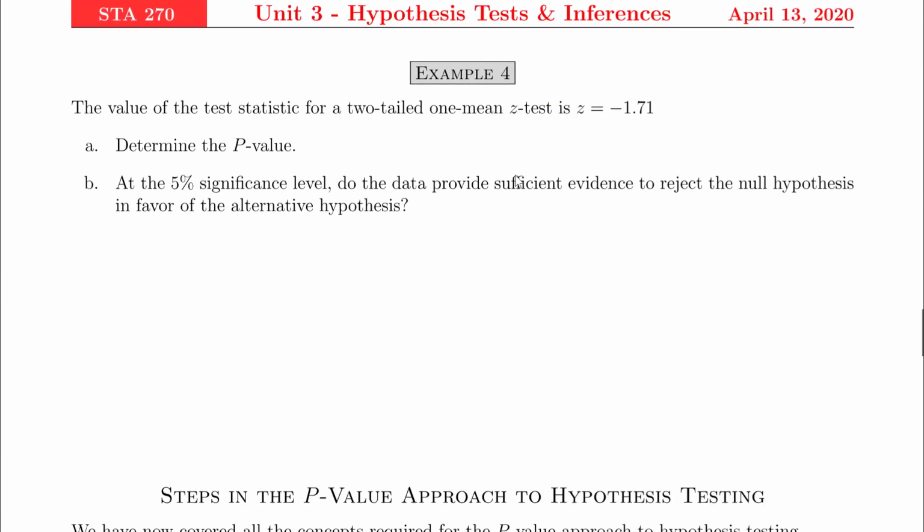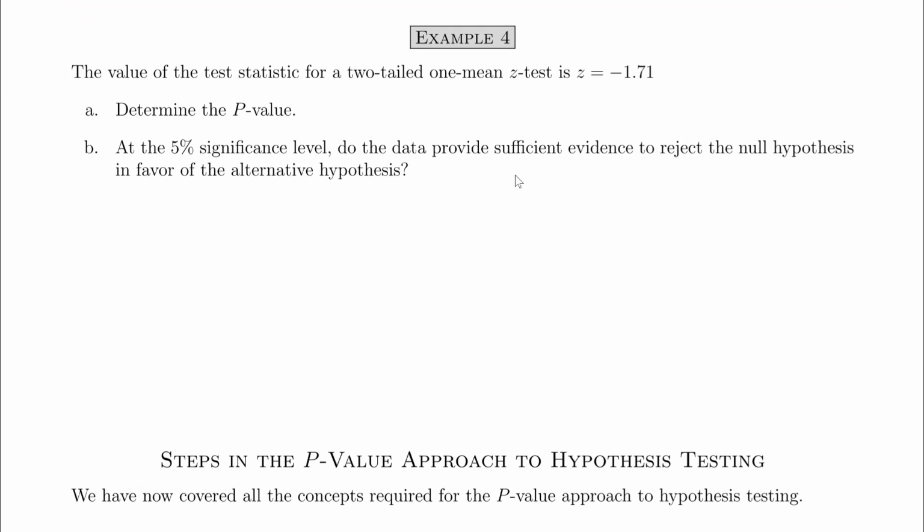And with example 4, we're going to see a two-tailed test. So here again, we have a z-score of negative 1.71. And what that means is we're looking at the area that lies to the right of 1.71, but also to the left of negative 1.71.